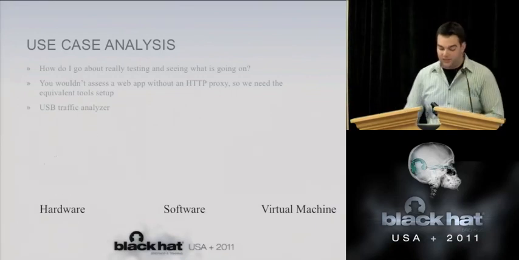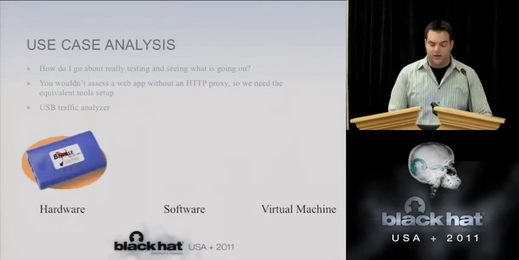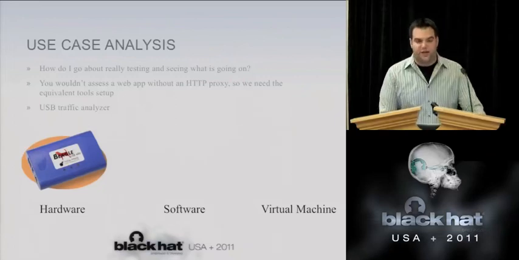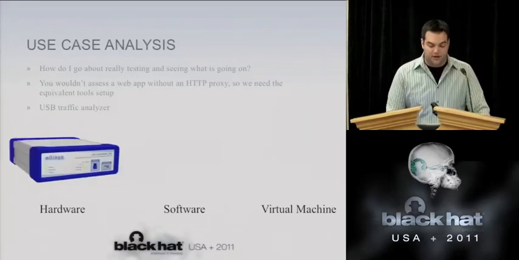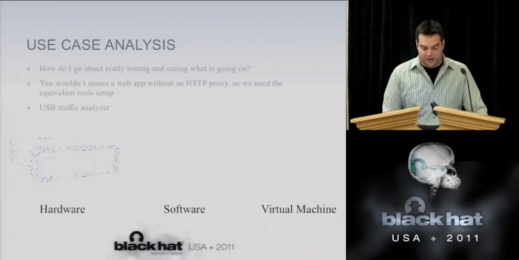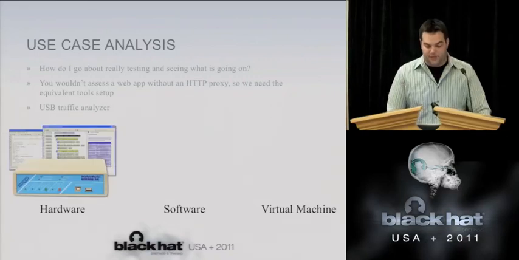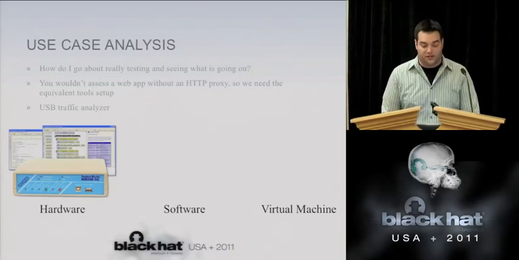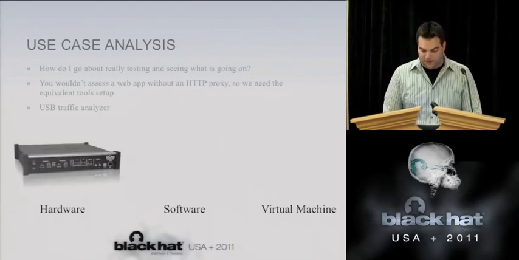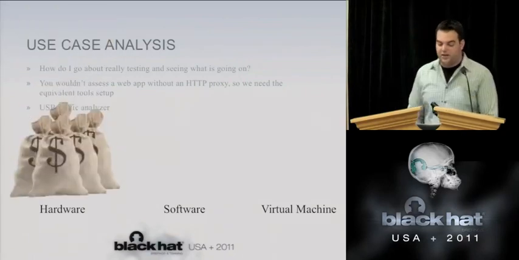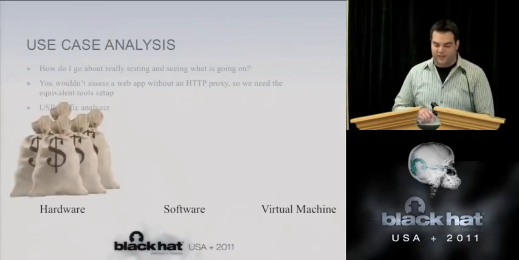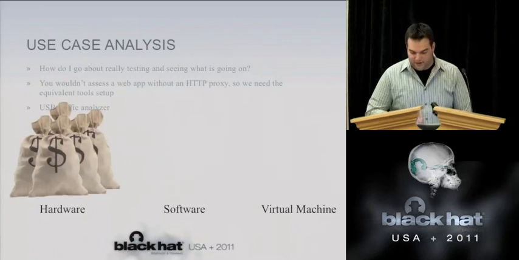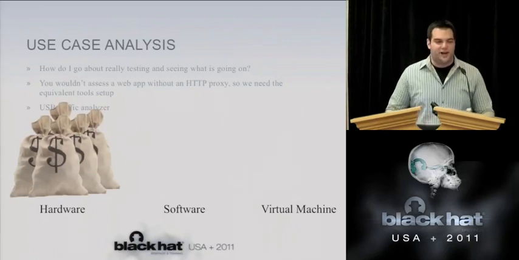On the hardware side, a couple of the common ones are the Total Phase Beagle device, which is one of the lower cost options. Ellisys, actually the MQP Packet Master, does both analysis and generation of USB traffic. Then this one looks super expensive, LeCroy, I think. In general, the hardware components cost a significant amount of money, represented by exactly five bags of money.